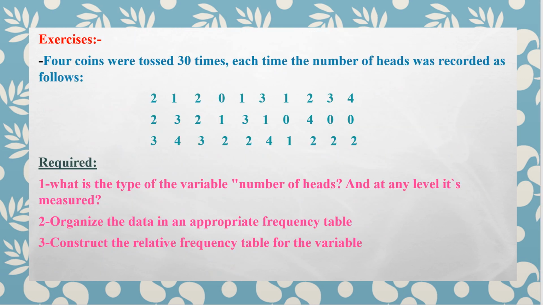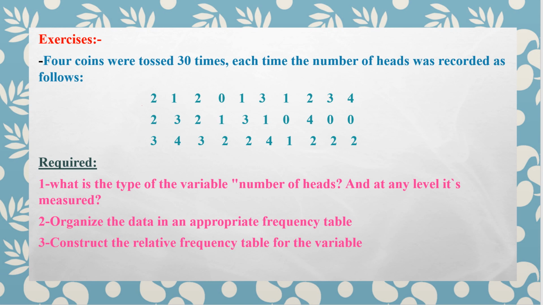Another example: 4 coins were tossed 30 times. Each time the number of heads was recorded. So this is a game, and you have to toss 4 coins, and each time you toss the 4 coins you record how many heads you got.